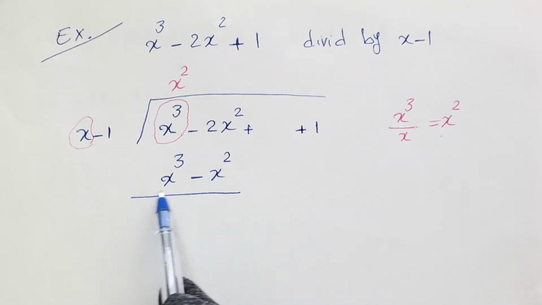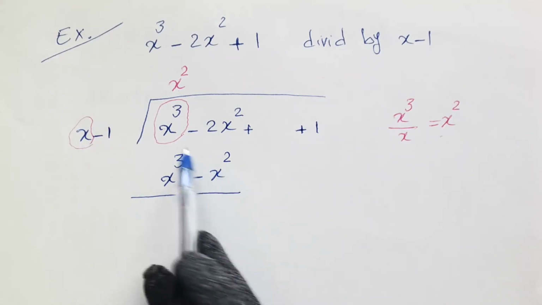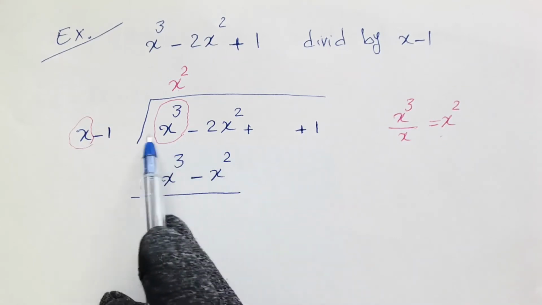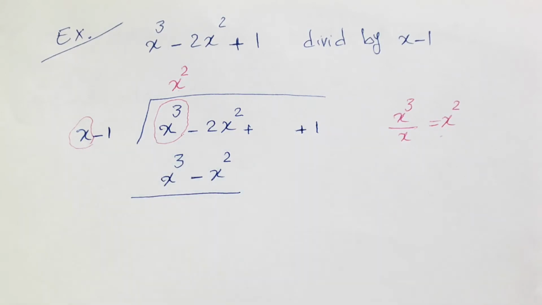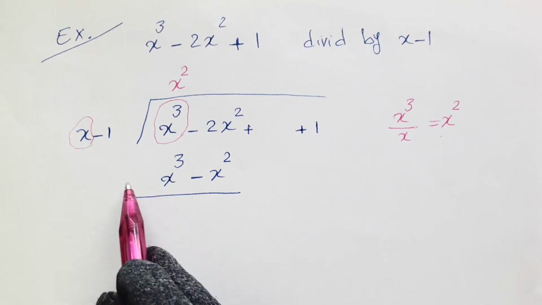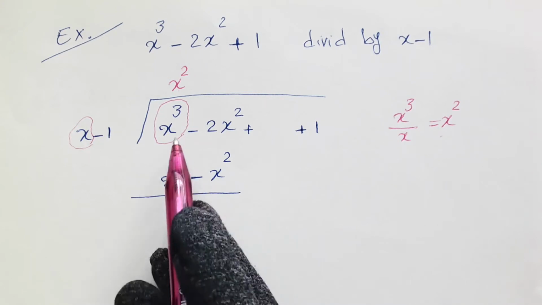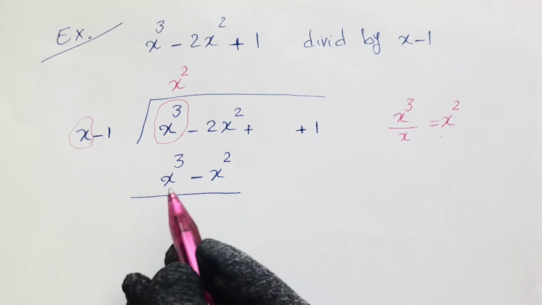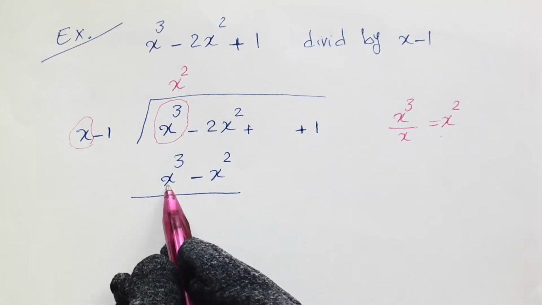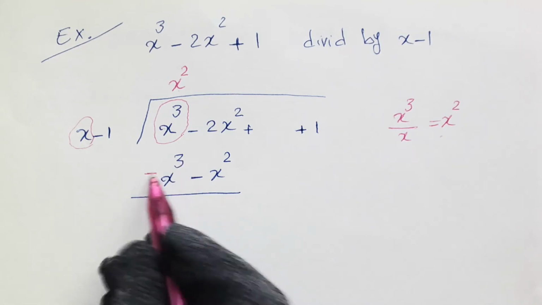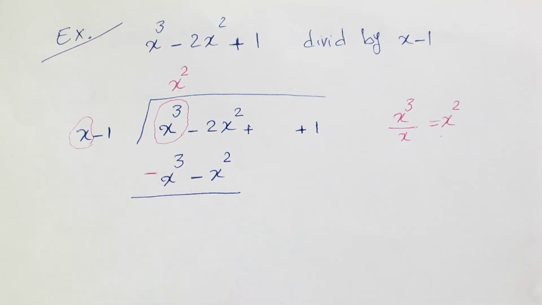Now we need to subtract x cubed minus x squared from the polynomial on the top, but it's kind of hard to do subtraction here. So we do something else. We multiply the second row by a negative and we add them together. Addition is easier. So if I multiply x cubed by negative, it's going to be negative x cubed.